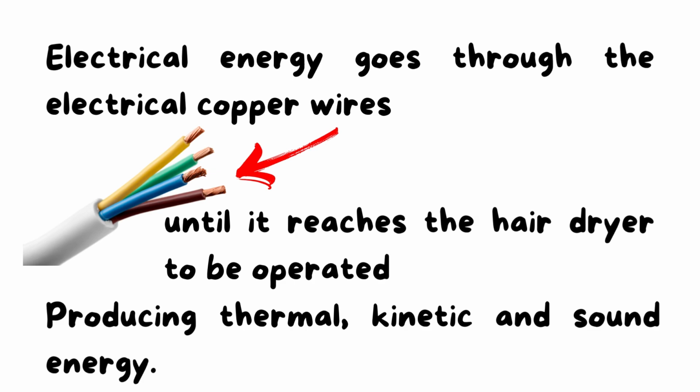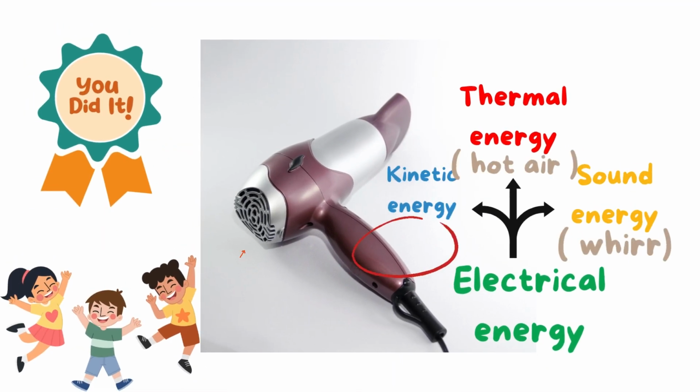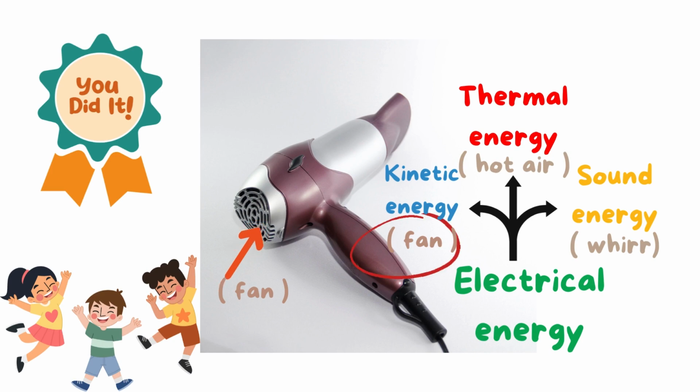Okay, kinetic energy from what? As we see here, yes, I circled it in red. Kinetic energy in the fan, as the hair dryer has a fan inside it, which uses kinetic energy to operate.